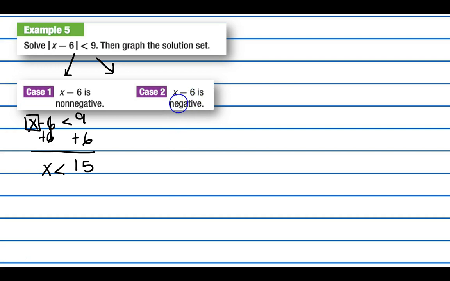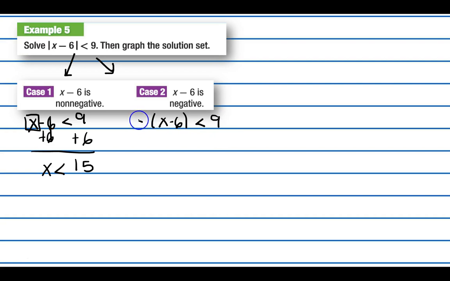So our case 2 is a little different. We do see that x minus 6 is negative, so the way we're going to deal with that is we're going to say x minus 6 is going to be multiplied by a negative. But notice it's not just x, or just negative 6. It's x minus 6. Our sign is not going to change. It's still going to be less than 9.